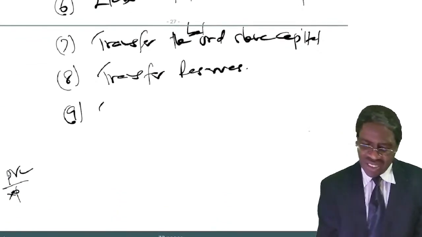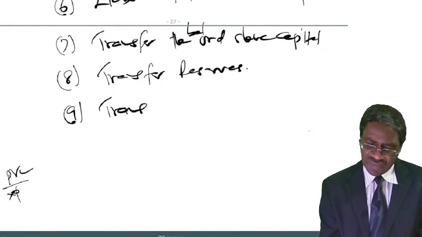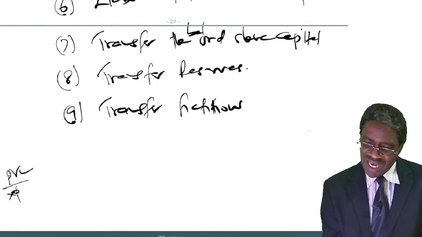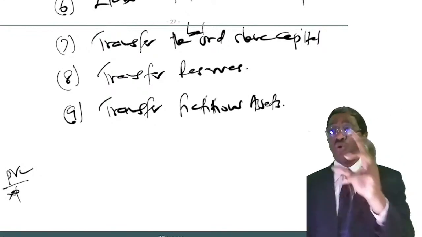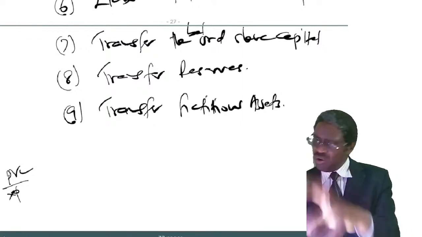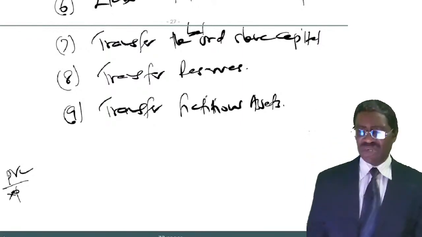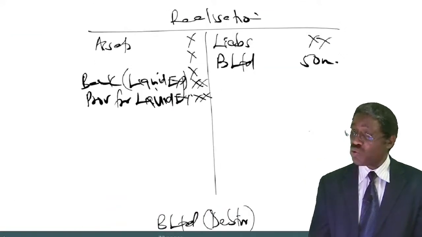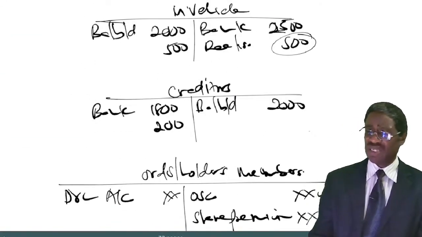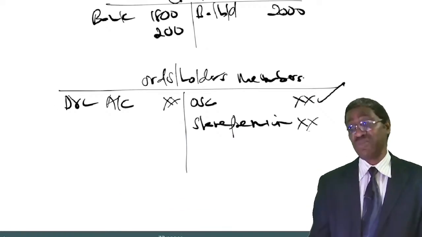So number 9 says, we transfer fictitious assets to where? To the account called ordinary shareholders, members. We know assets are always a debit balance, and therefore to close that asset, you will credit that asset, whichever asset it is, and you will debit the members.